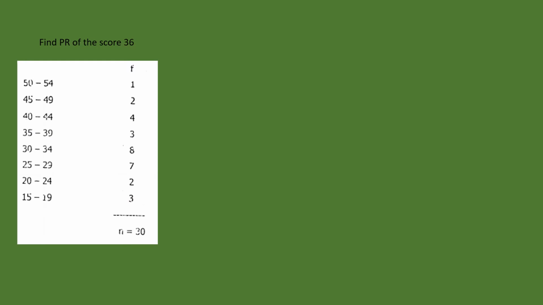So let's try it on this example. Find the PR, or the percentile rank, of the score 36. So this means that we are looking for the percentile rank of 36.